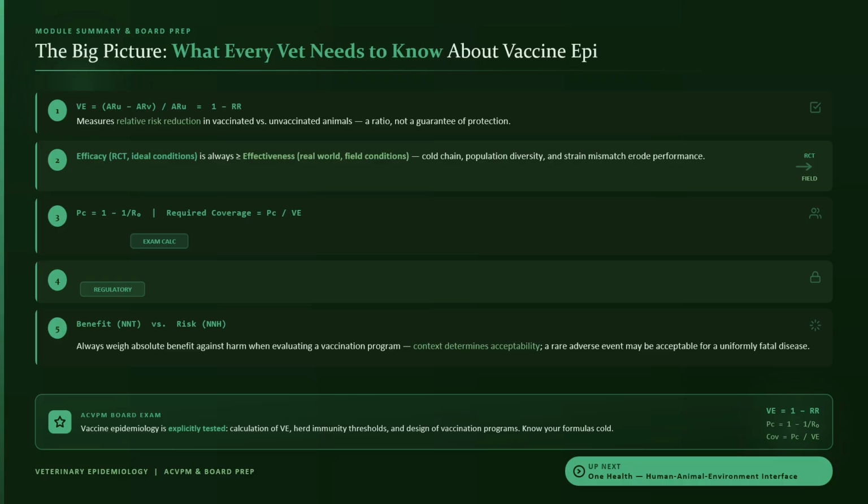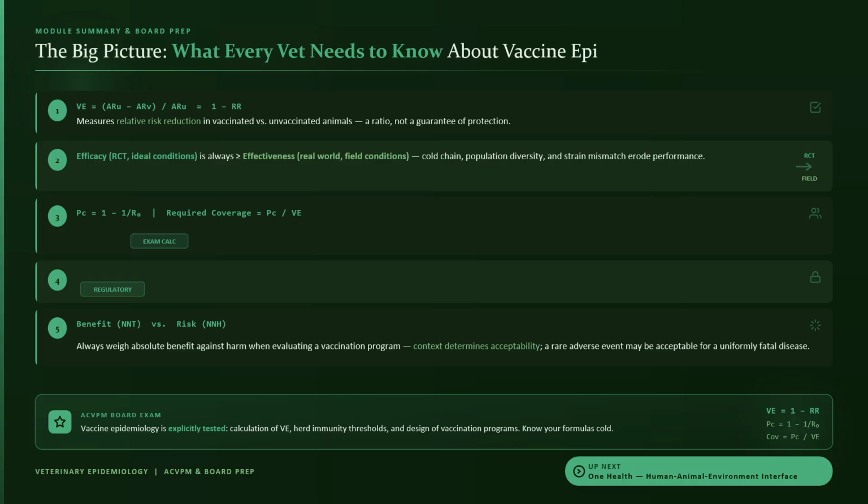Marker and DIVA vaccines let vaccinated populations still certify disease freedom, the bridge between herd protection and trade status. 5, benefit versus risk. Weigh absolute benefit, number needed to treat, against harm, number needed to harm. Context decides what's acceptable. A rare adverse event may be fine for a uniformly fatal disease.